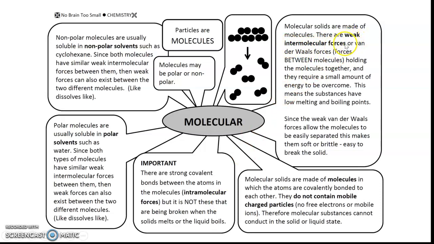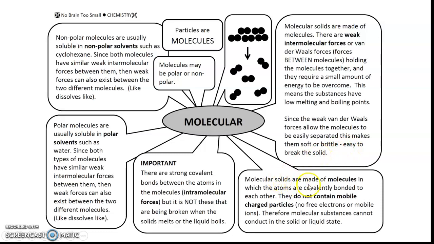The weak intermolecular forces, or van der Waals forces, hold the molecules together, and they require only a small amount of energy to be overcome. This means the substances have low melting and boiling points. Since the weak van der Waals forces allow the molecules to be easily separated, this makes them soft or brittle. That's not as important, but it's easy to break them as solids.